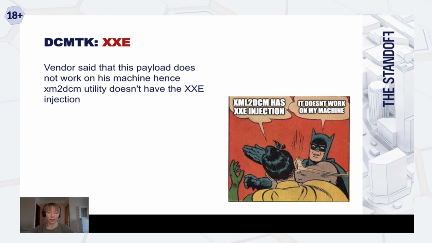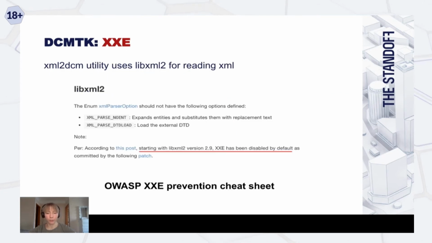There was also this interesting vendor story when I said that your parser has got XXE injection, please check this out. And the vendor replied, correct me if I'm wrong, but maybe there is no vulnerability at all because this payload doesn't work on their machine.